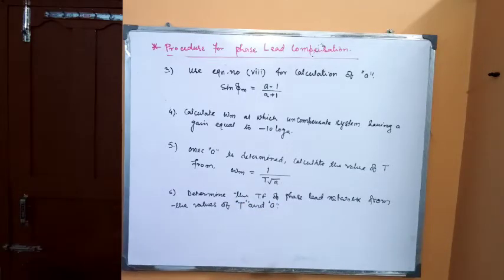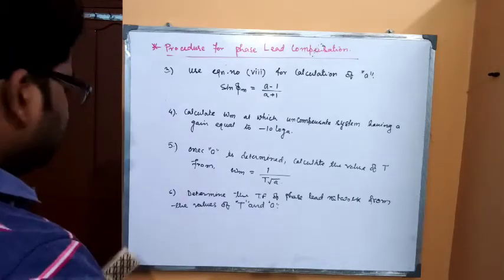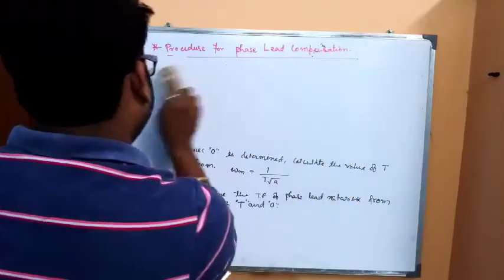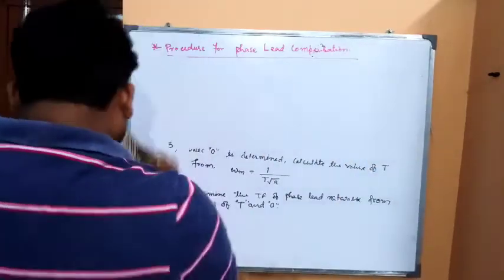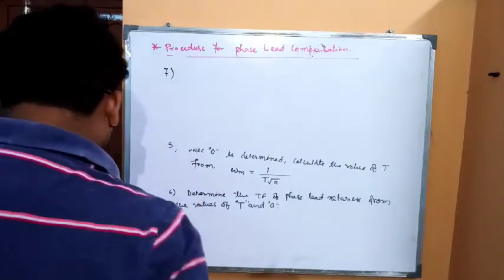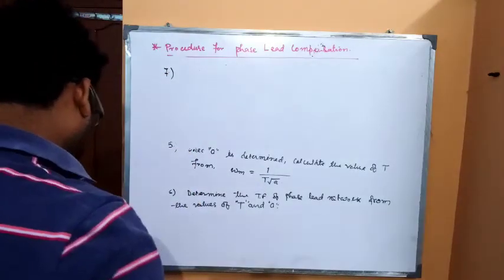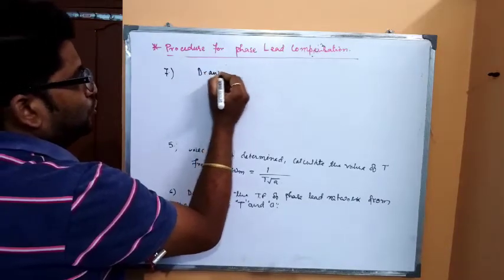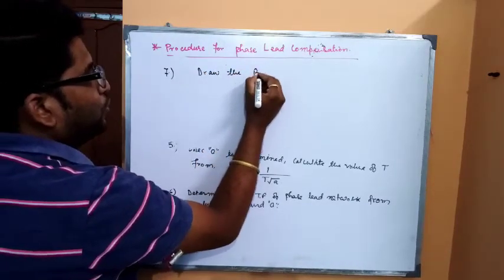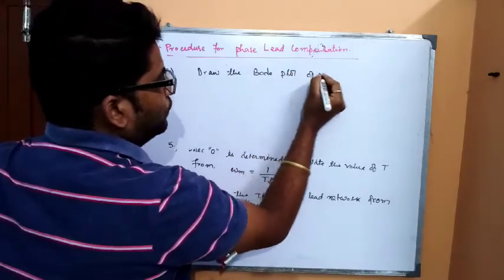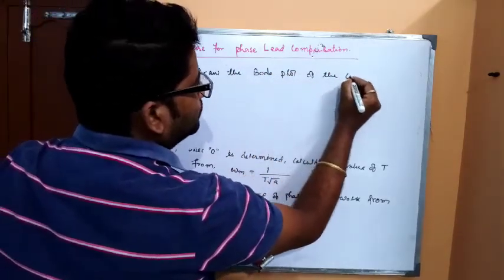So this is the sixth step. Now the seventh step is to draw the Bode plot of the compensated system.